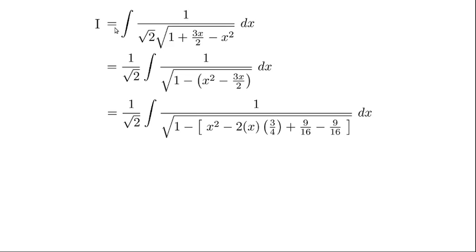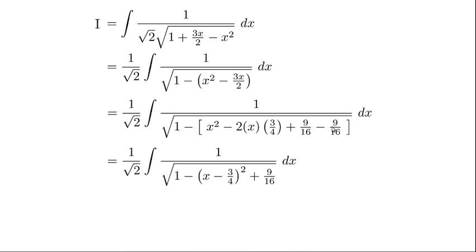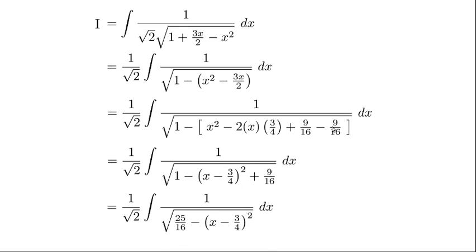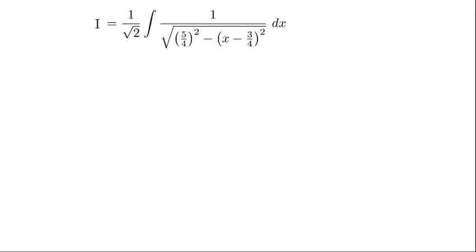That is the point to be noted here. Be careful. So the role of b is played by 3 by 4. So b square is 9 by 16, which is added and subtracted. When you open the bracket, this becomes positive. So 1 plus 9 by 16 gives you 25 by 16. Therefore, finally the problem changes to 1 upon root 2 integration of 1 upon root of (5 by 4) the whole square minus (x minus 3 by 4) the whole square dx.